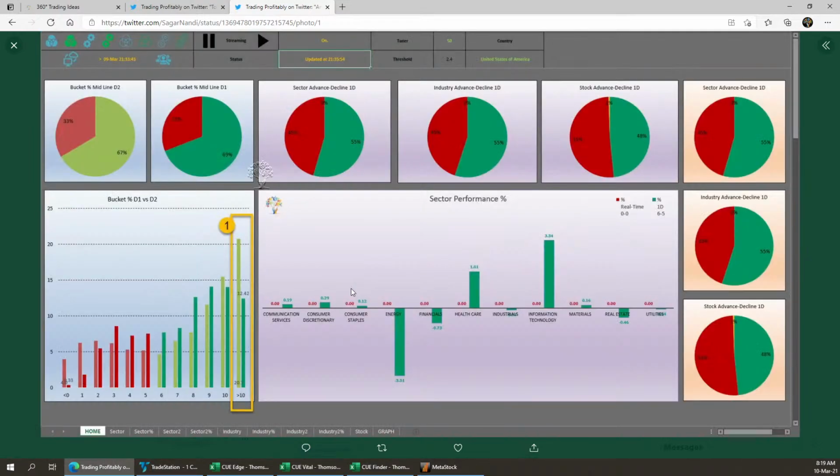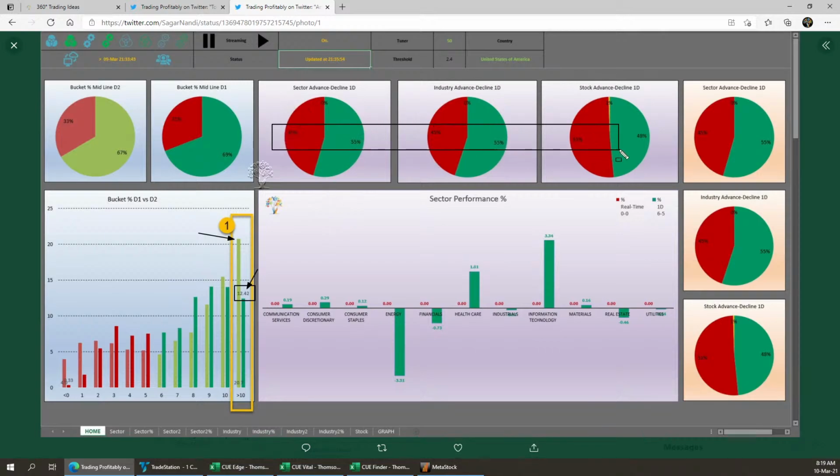And let's look at a snapshot. When I shared the initial tweet, the percentage of stocks in the most extended bucket was above 30%, and it closed at 12.4%. That was a huge drop, and I could book profit based on the overheated nature.